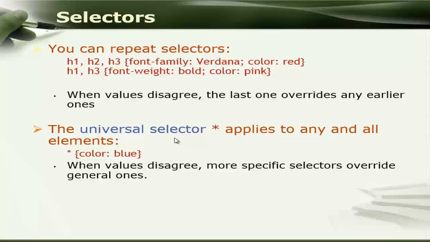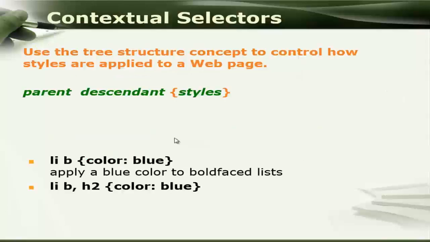Star means anything. So in this case, if you say color is blue, that means any element will automatically get the color blue. What if you don't want the color to be blue for a specific element? In that case, declare the rules for that specific element and change the color if you don't like to use that color.